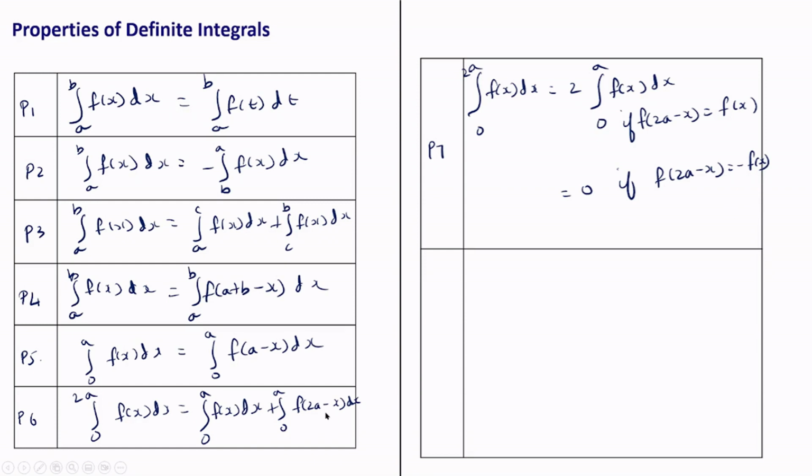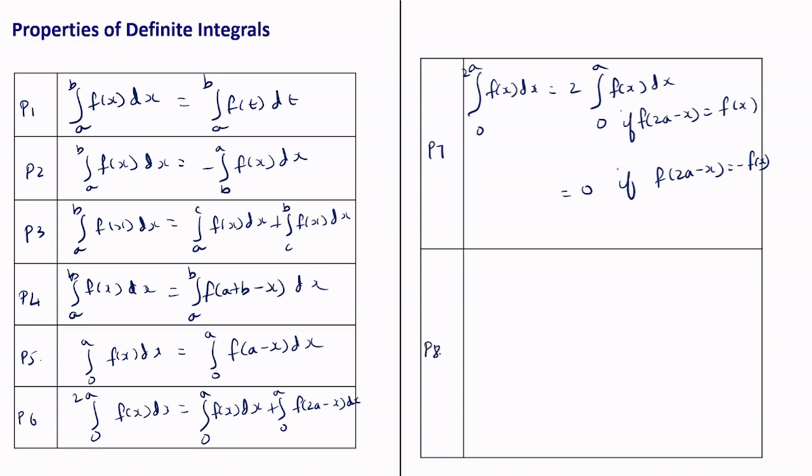So if f of 2a minus x is equal to f of x, then this integral will be 2 times integral 0 to a f of x dx, and if f of 2a minus x is equal to minus f of x, then here we will have plus f of x dx, here minus f of x dx, those both will get cancelled. It is equal to 0.